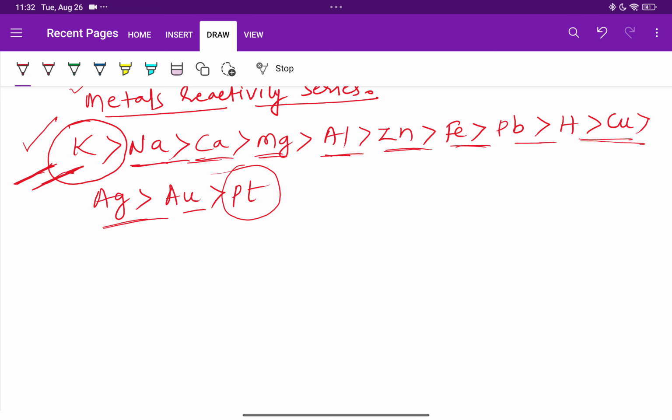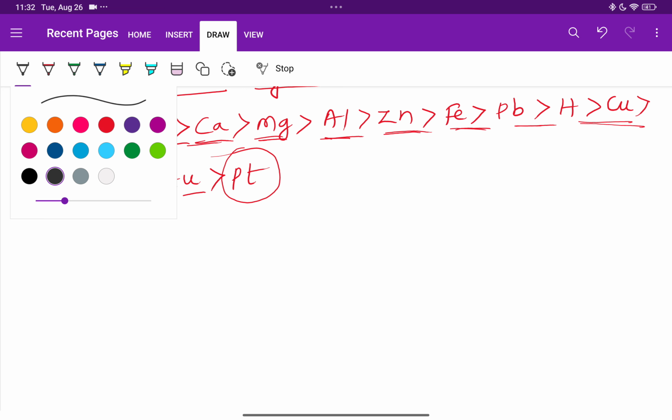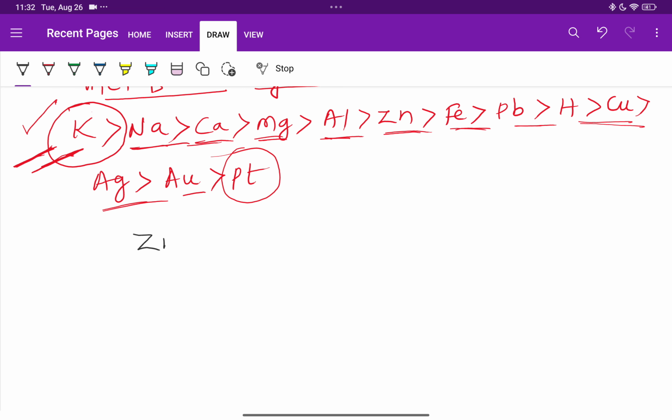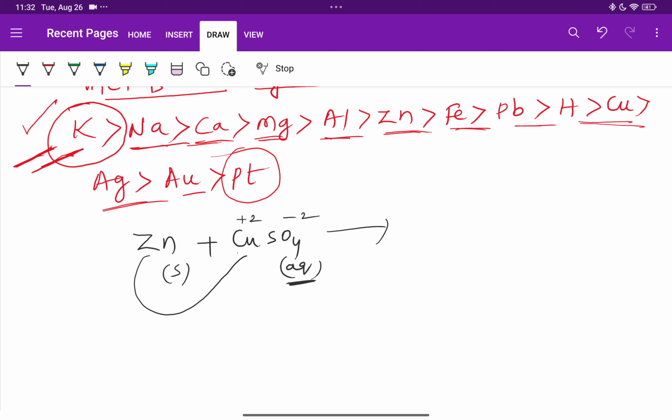I am going to give you one example, that is zinc. Zinc is solid, then it is reacting with copper sulfate aqueous solution. It is a salt but dissolved in the water, that is why I am calling copper sulfate aqueous salt solution. Here copper is +2, sulfate is -2. So zinc is more reactive than copper. How do I know zinc is more reactive than copper?